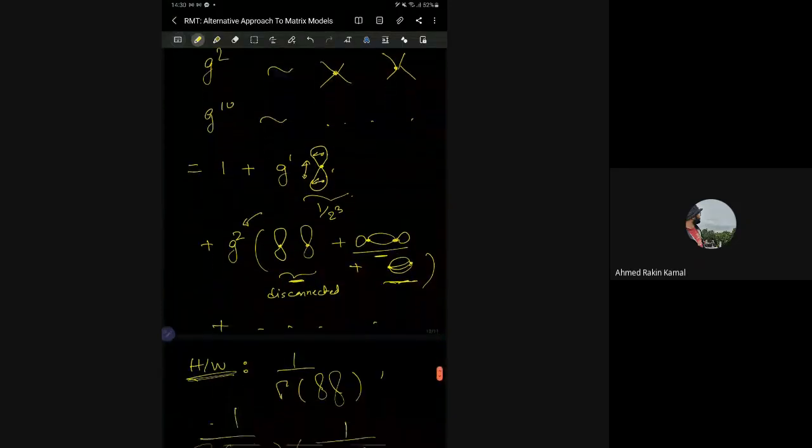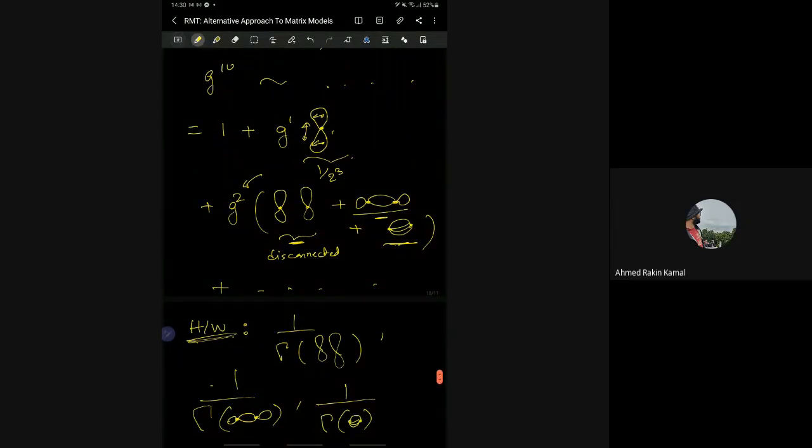For example, you don't need to think about it if you know the graphs. At order, let's say, G squared or G cubed, you don't need to take into consideration particle indistinguishability or things like that.